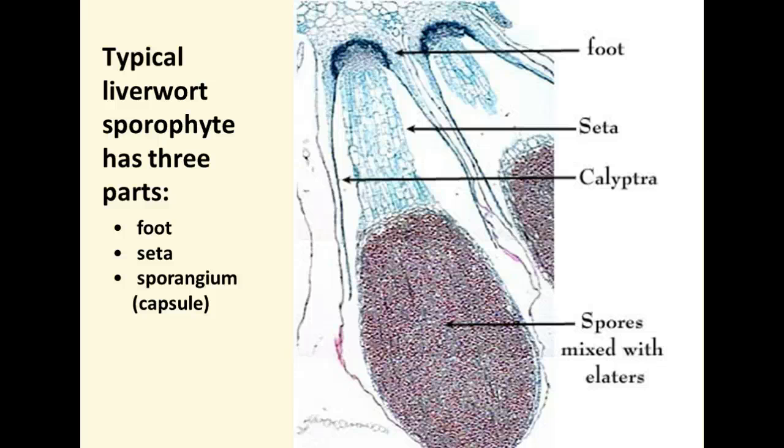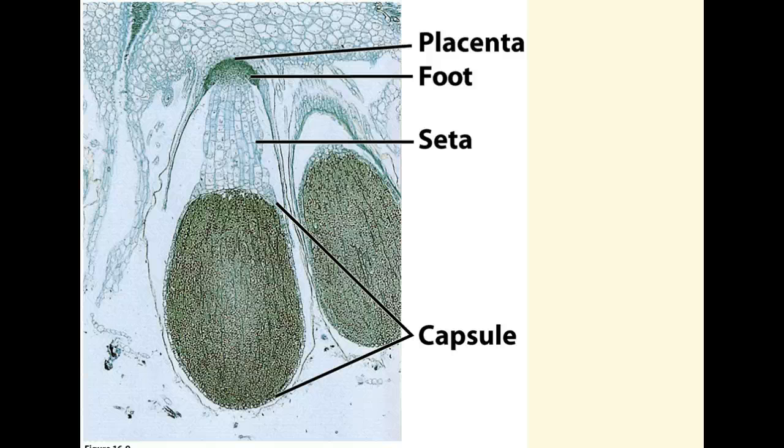And typically it has the foot, seta, calyptra, and spores. So the calyptra is the outer covering of that. And at the very top of the foot where it attaches, there's actually a placenta. So what do you think the purpose of the placenta might be? Yeah, to nourish the embryo.